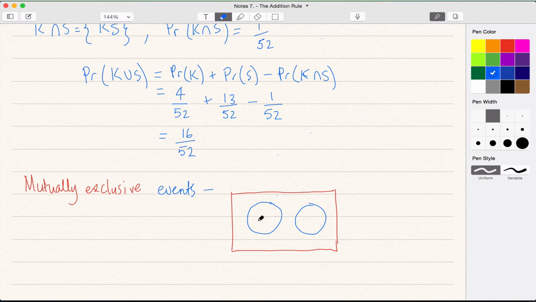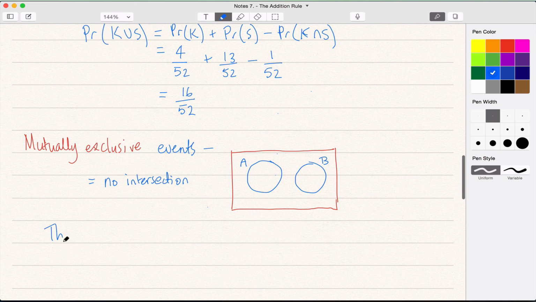So they don't cross over at all. They're completely separate. This might be A and this might be B. No intersection. And when that happens, the probability of A intersect B is equal to 0.